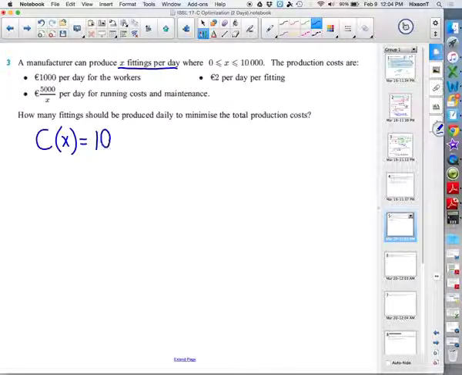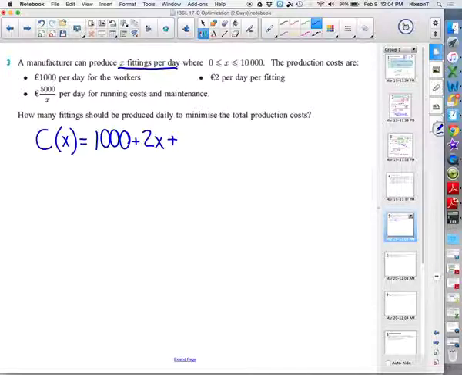So that's just 1,000. Okay? Then it's saying it costs two euros per day per fitting. So that would be 2x. And then we need to add to that the cost for running the machines and for maintenance.